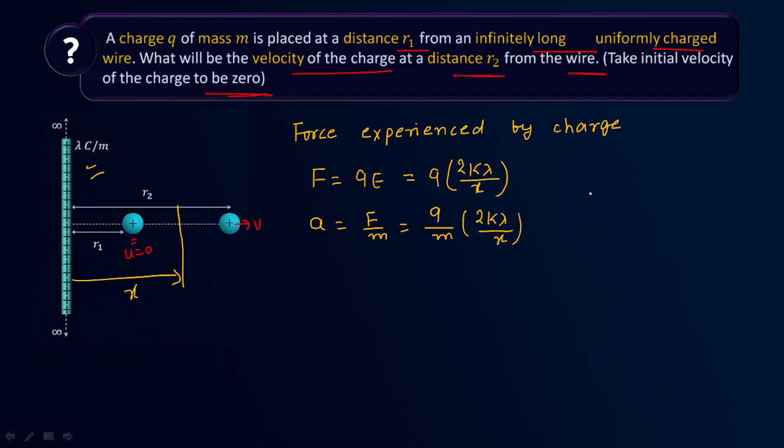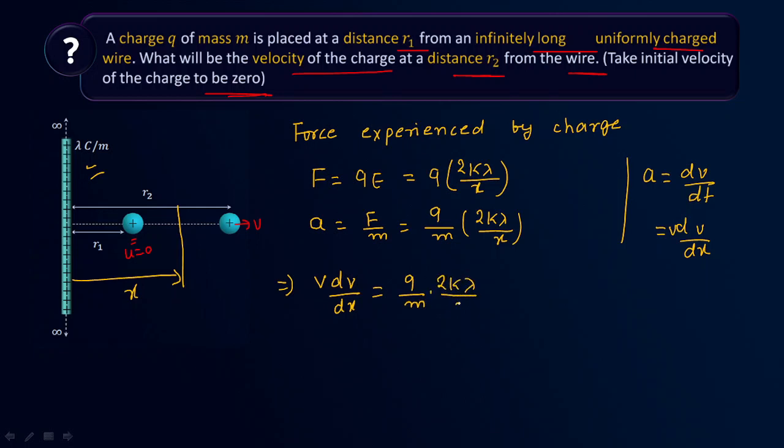Now we know that acceleration we can write as dv by dt, but here time is not given, so we want to write it in different terms. Displacement is given, so we can write it as v dv by dx, right? So a equals v dv by dx, which equals q by m into 2k lambda by x.